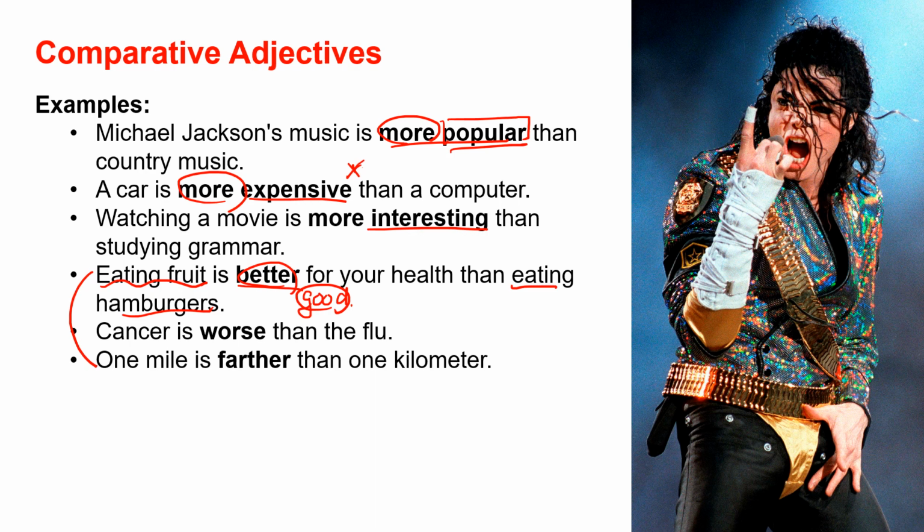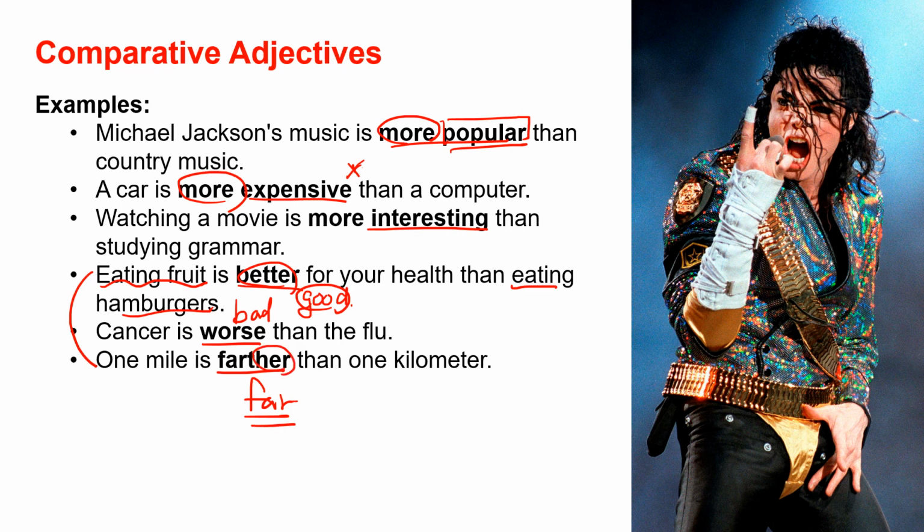Cancer is worse than the flu. Worse is the comparative of bad. Cancer is bad, but worse than the flu. And 1 mile is farther than 1 kilometer. So this comes from far. Far. 1 mile is far, but farther than 1 kilometer.